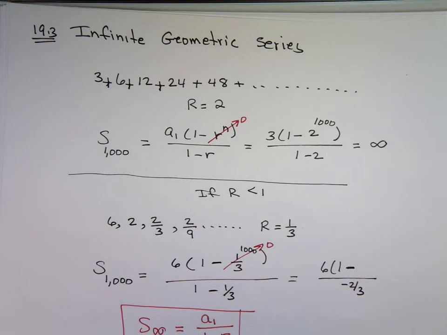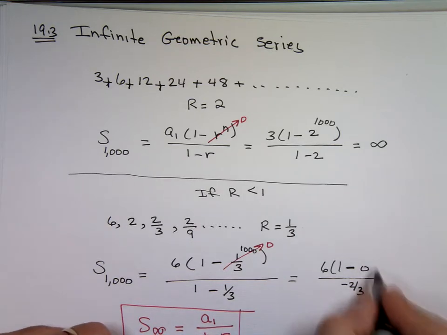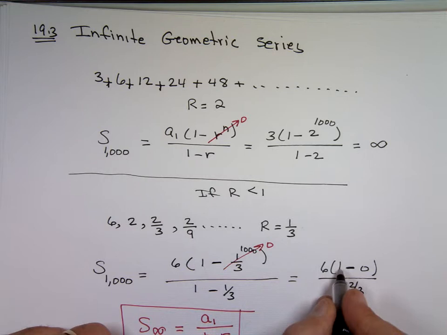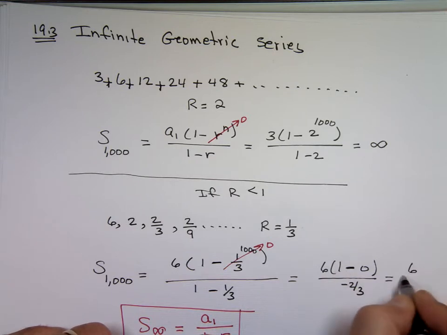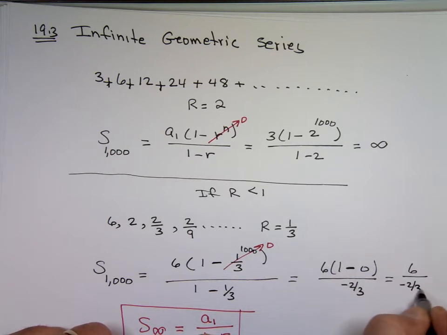And if it goes to 0, you end up with 6 times 1, which is just 6, over 2/3. That will be 3 times 6, which is 18, divided by 2, and the sum will go to 9.